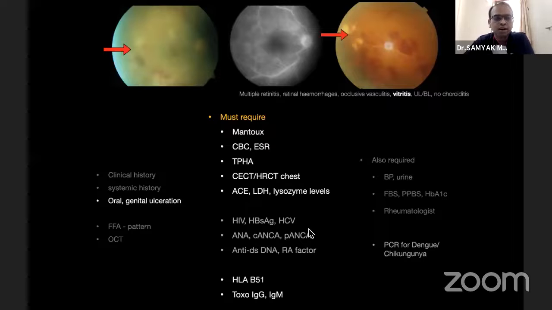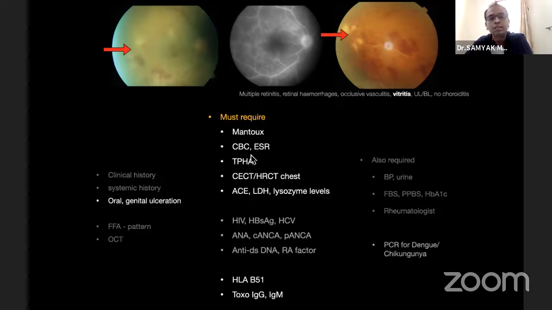Coming to scenario 5, you may see a picture where you have significant vitritis occluding your view of the fundus, multiple cotton wool spots, and multiple superficial retinal hemorrhages. The angiogram might show extensive leakage from all vessels. Again, you may not see choroiditis in such a patient.